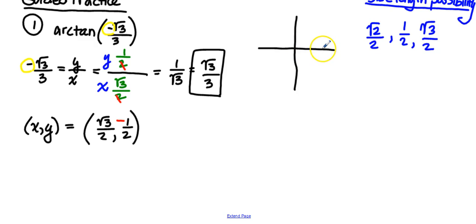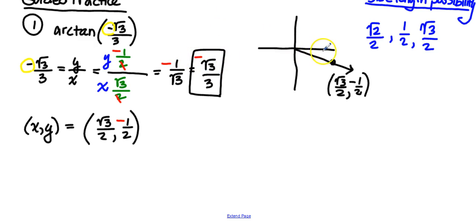I go right √3/2, which is a longer x, and down a half, which is a short leg. And I'm right here at positive √3/2. I went right √3/2 and then down a half. So tracing that back, the half has to be negative, which makes this negative.